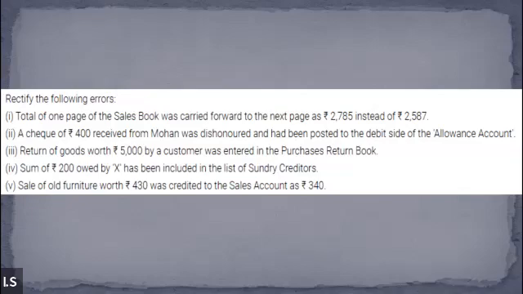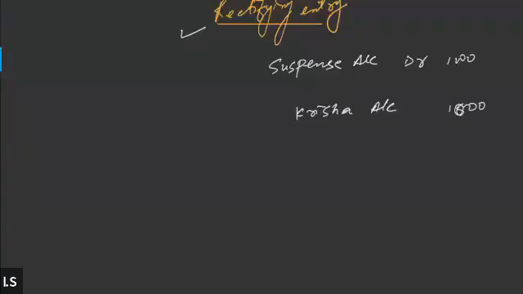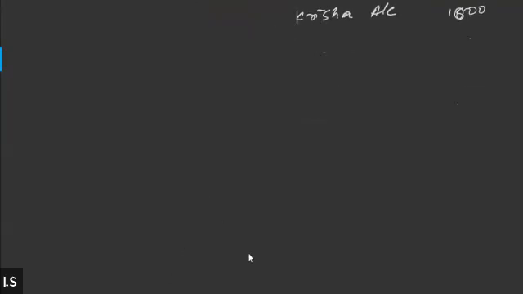Okay, so there is a mistake. First of all, see, the sum of rupees 200 owed by X has been included in the list of sundry creditors, right? Yes, sir. So in order to rectify this: since it has been recorded as a creditor, the creditor account must have been credited, because whenever a creditor increases, we credit the creditor's account.